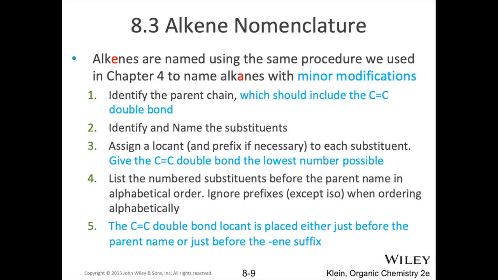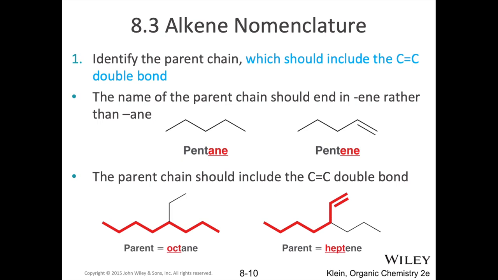So something to keep in mind there. Let's go through each of those rules. Here you can see with a 5-carbon chain, 1, 2, 3, 4, 5, this would be pentane, but here we have a double bond in there, so it becomes pentene. More specifically, we would call this 1-pentene, and we'll see why later.